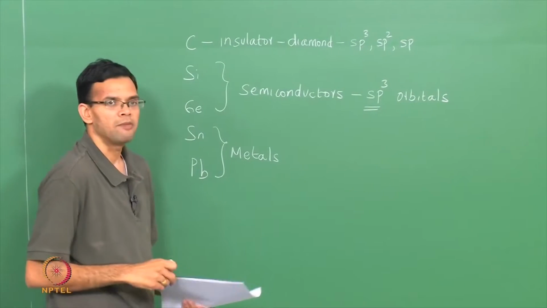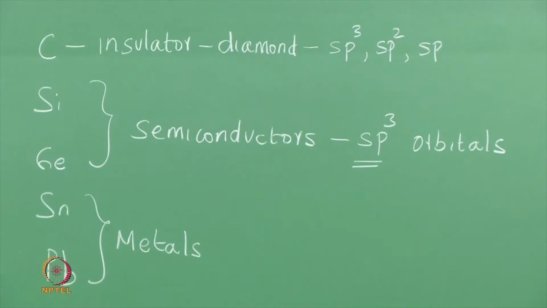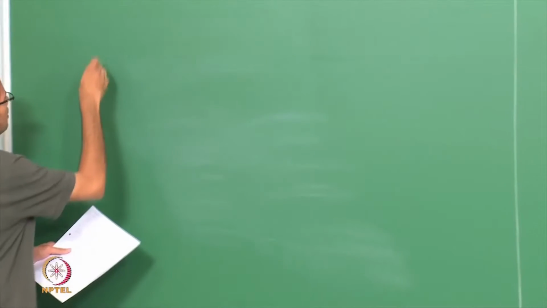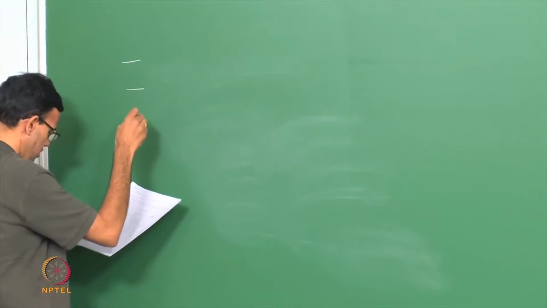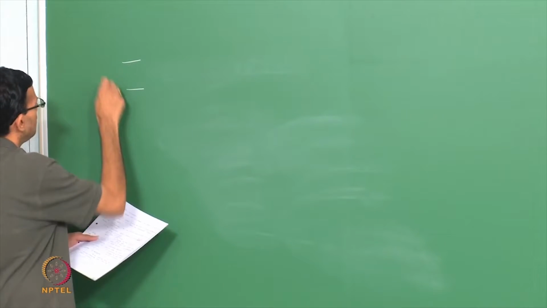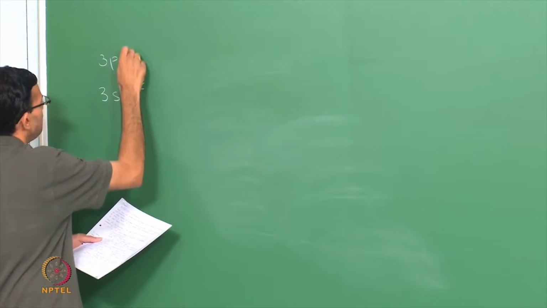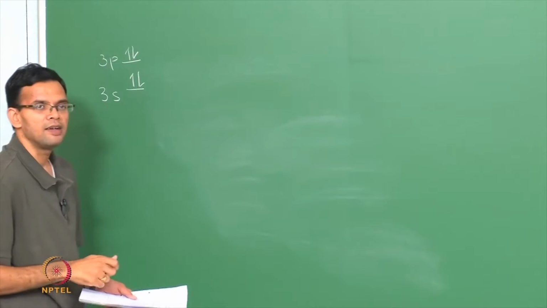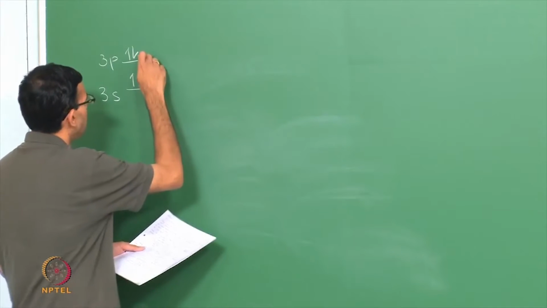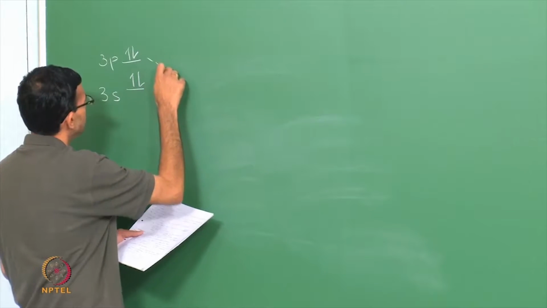So let us look at a picture for bonding for silicon. So we start with the 3s and the 3p, 2 electrons in them. We said that in silicon they hybridize to form sp3 orbitals.